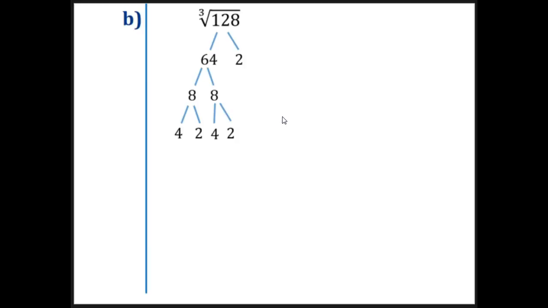Okay, now I'm going to look for a set of 3. Do I have 3 4s? No. How about my 2s? I have 3 2s, so I can pull the 2 out, and then what I'm left with, oh wait, I can still factor my 4s, what am I saying, right? 2 and 2. And what about this other 4?